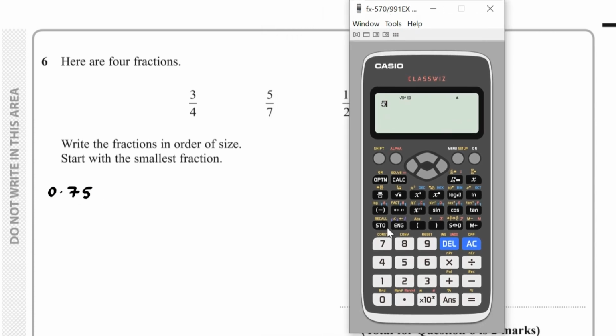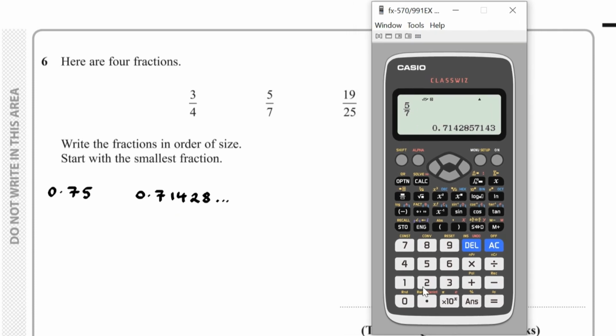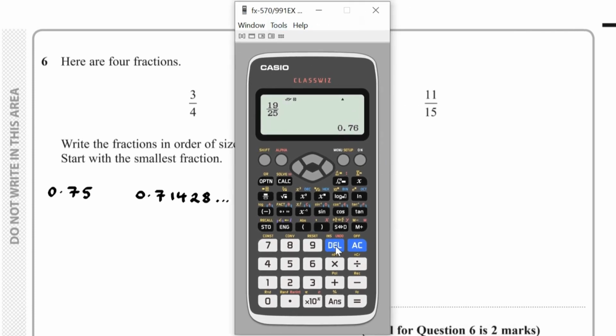Next we've got 5 sevenths, so if I type in 5 sevenths and then convert this into a decimal, it turns out we get 0.71428, etc. Next we've got 19 over 25, that's 0.76. And then we've got 11/15, which is 0.73 recurring.